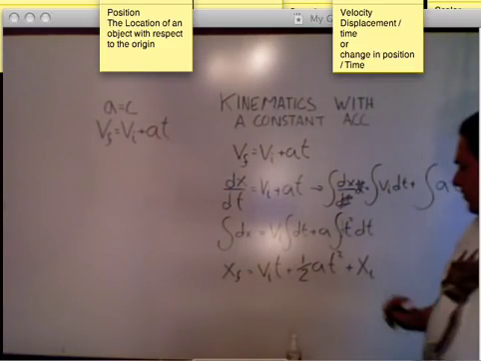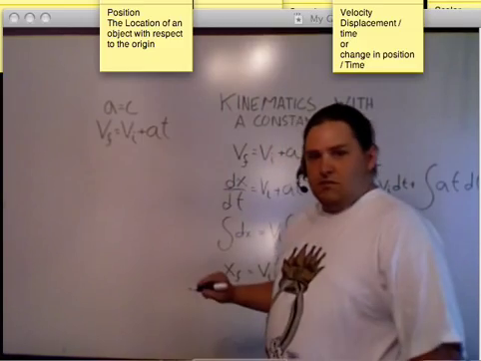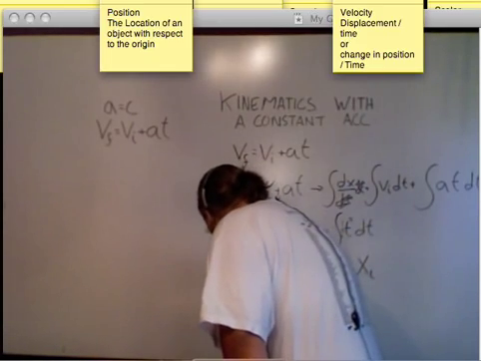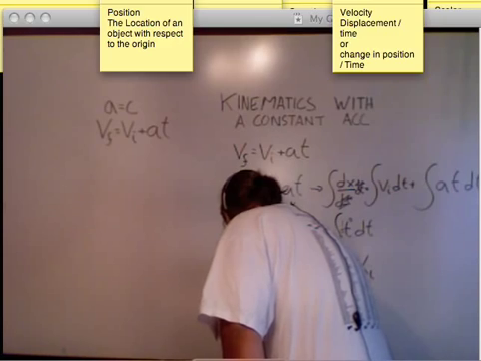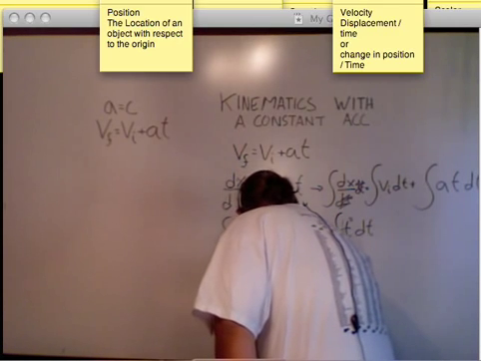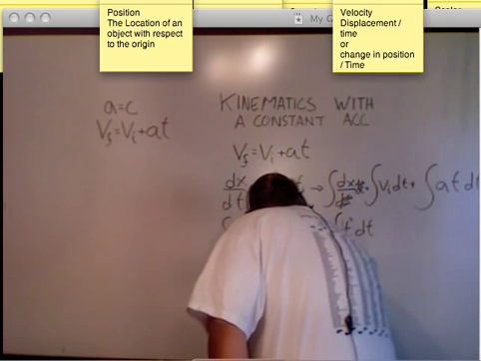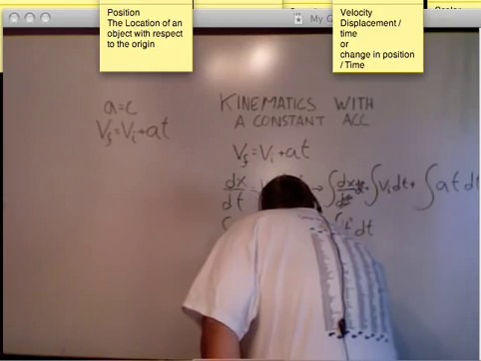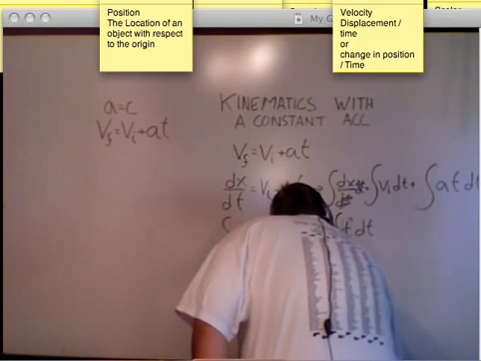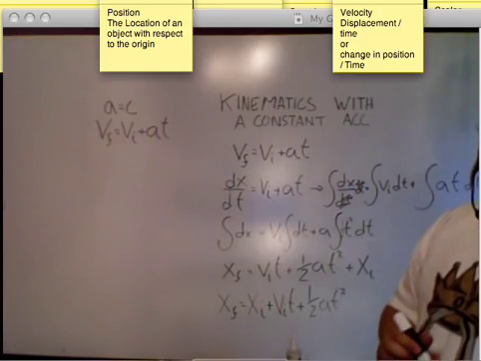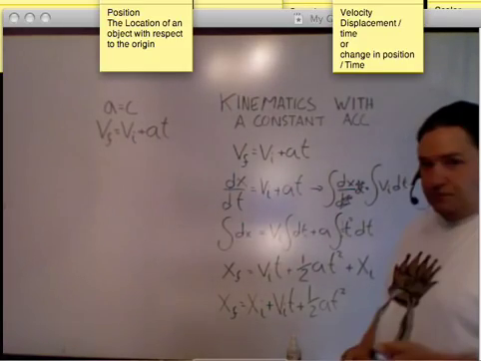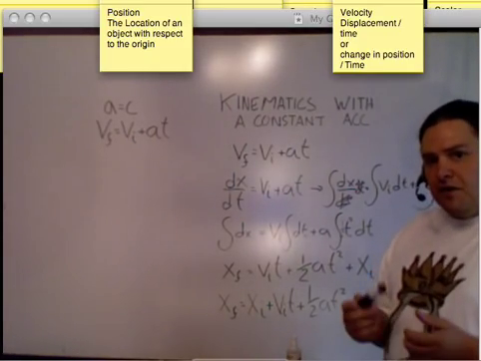So x final is equal to x initial plus v initial t plus 1/2 a t squared. Cool? That's the answer. That's our third equation.